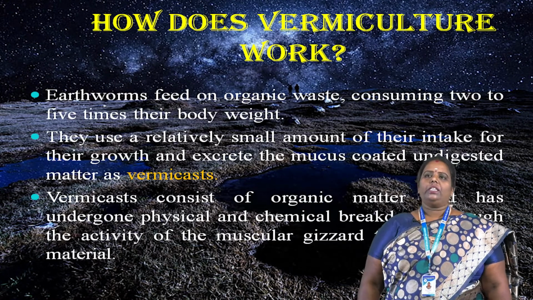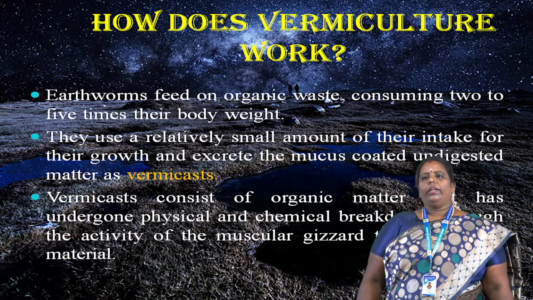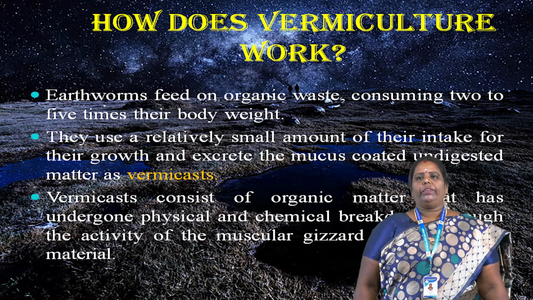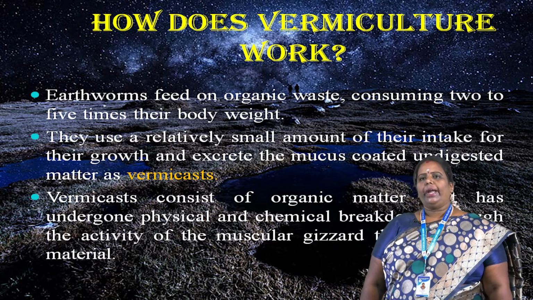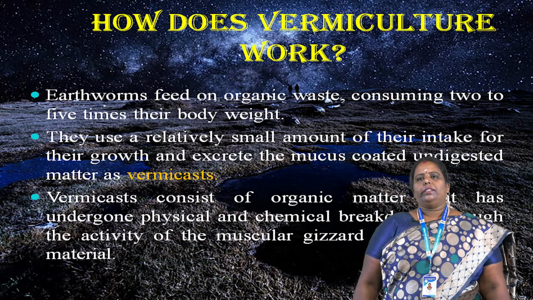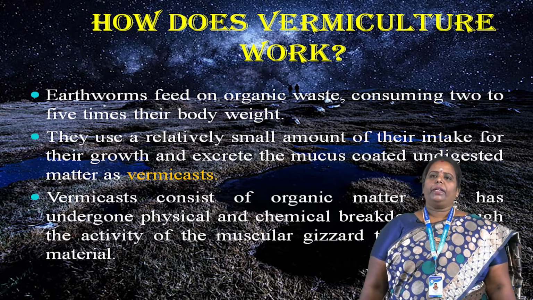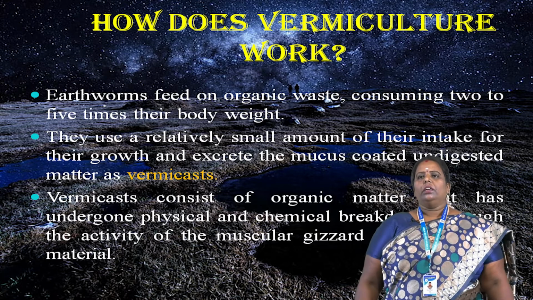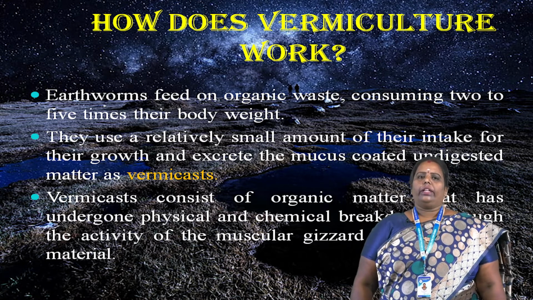Vermiculture is also useful for the farmer's consumption. How does it work? Normally, earthworms feed on organic waste, as I already told you, 2 to 5 times their body weight. For example, for a worm of 2 grams, 3 grams or 5 grams, the intake of food material is 20 to 25 grams of soil in the body; it consumes the soil and gives out organic waste.